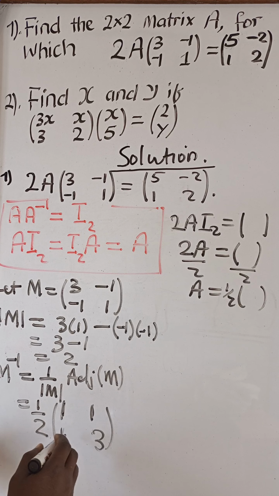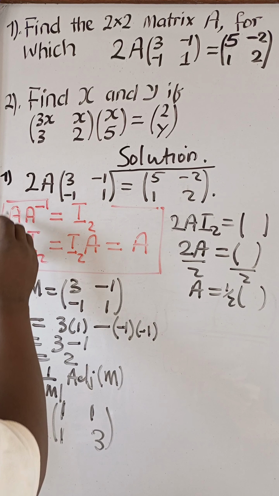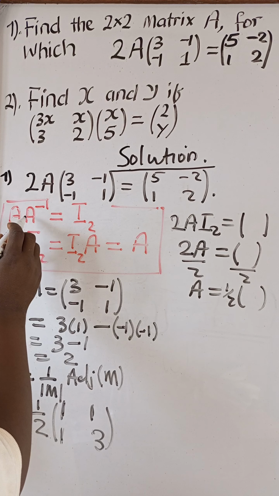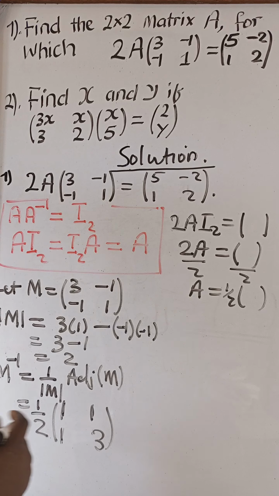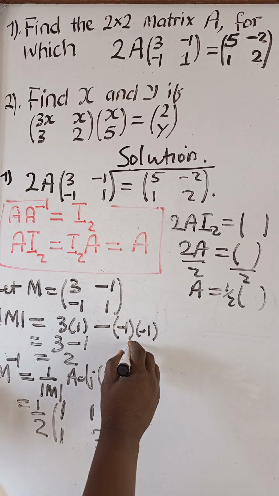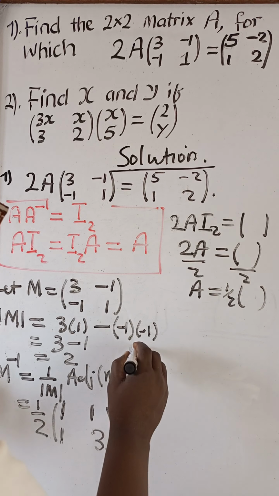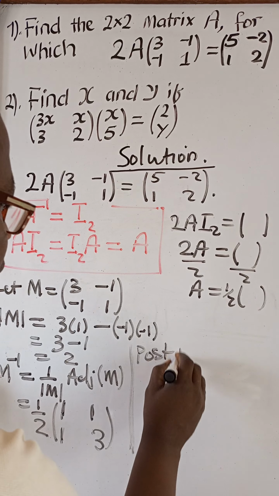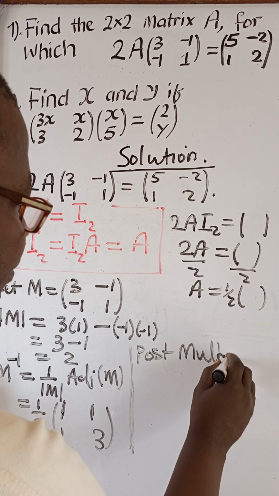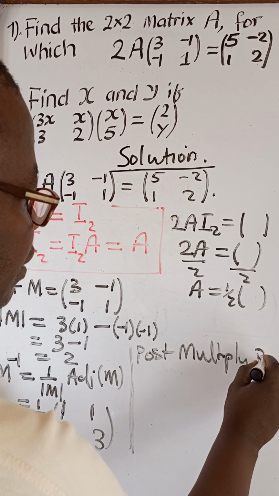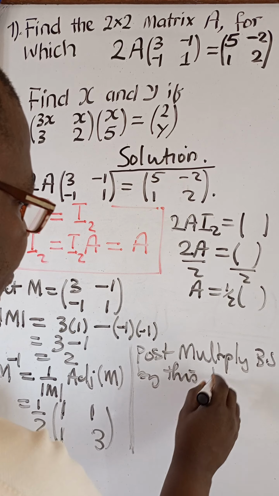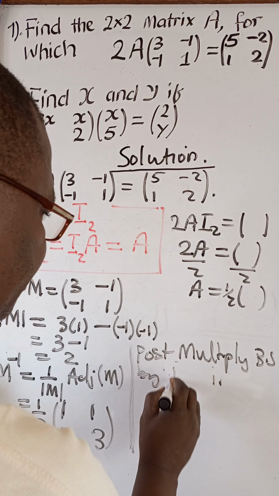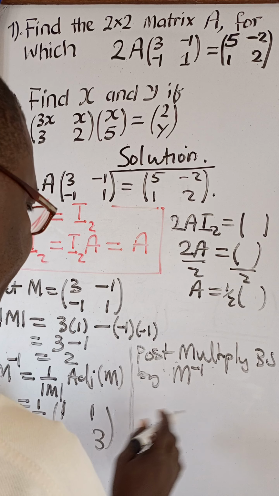Now, having gotten this inverse, we are going to use this notion. We are going to post-multiply both sides by that inverse. So we'll say post-multiply both sides by M inverse.